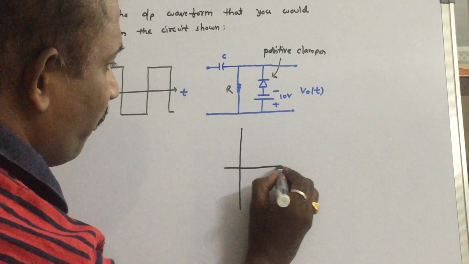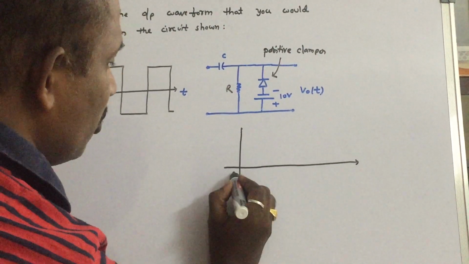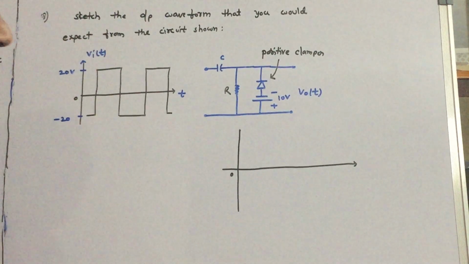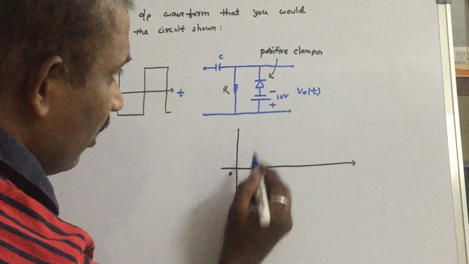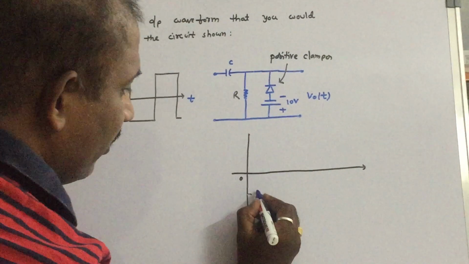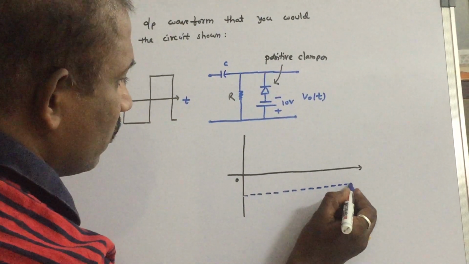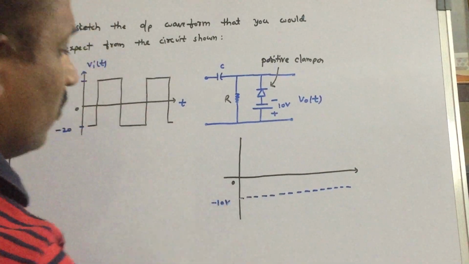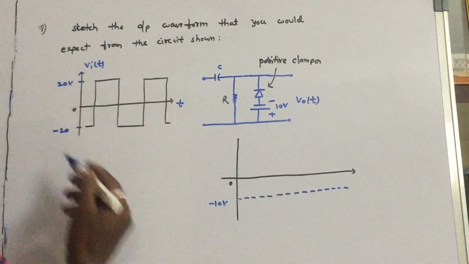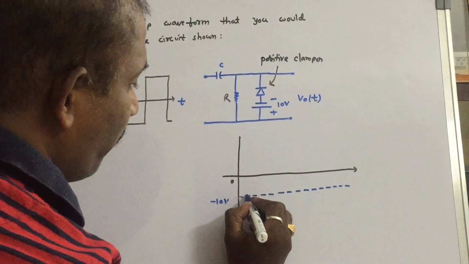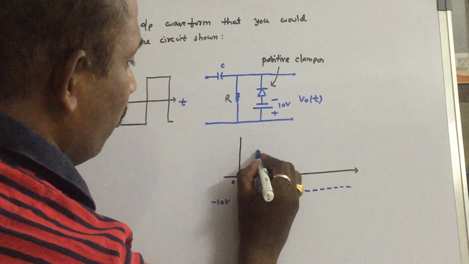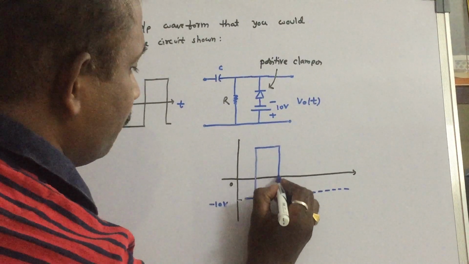Just let us draw the 0. Let us draw the minus 10 volts because of the reference voltage of this polarity. So what is the peak to peak here? 40. Therefore it will become minus 10 to plus 30 volts.